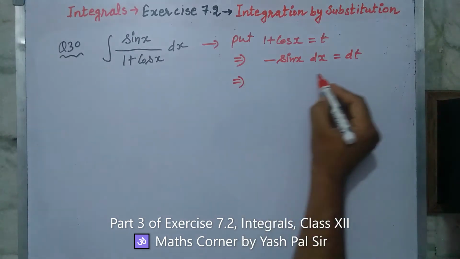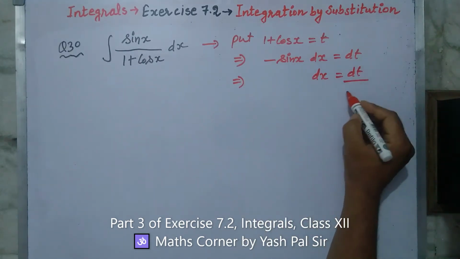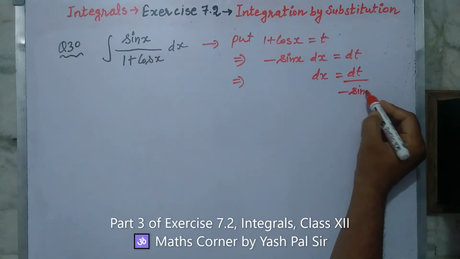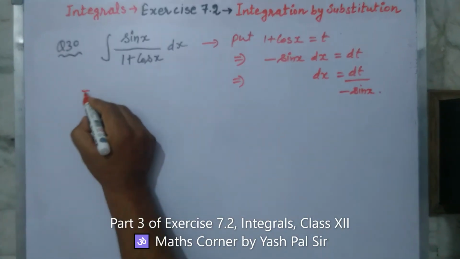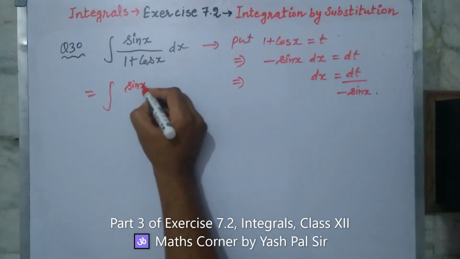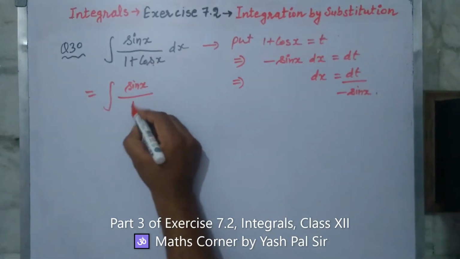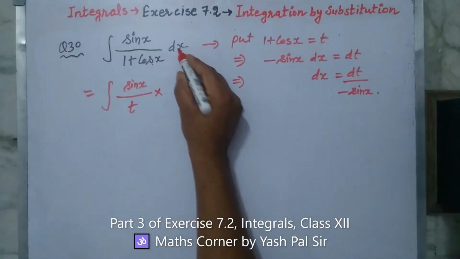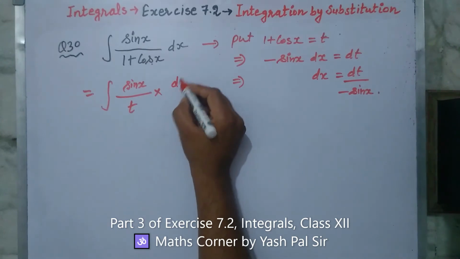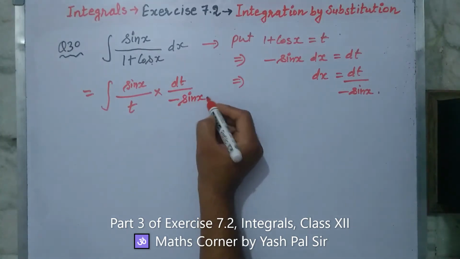That means dx is equal to dt upon minus sin x. So this question is equal to sin x divided by 1 plus cos x, taken as t, and the value of dx is dt upon minus sin x.